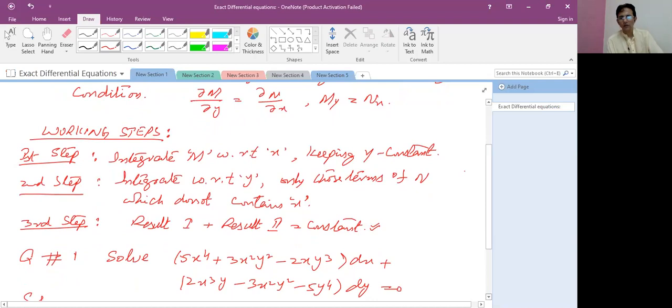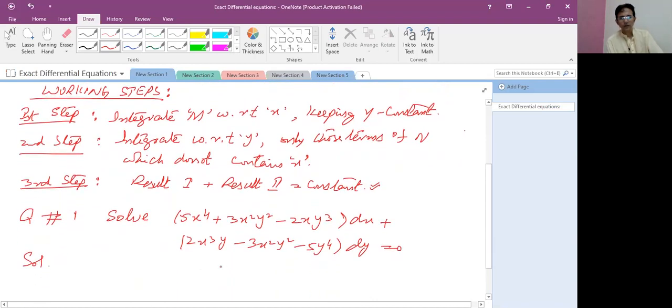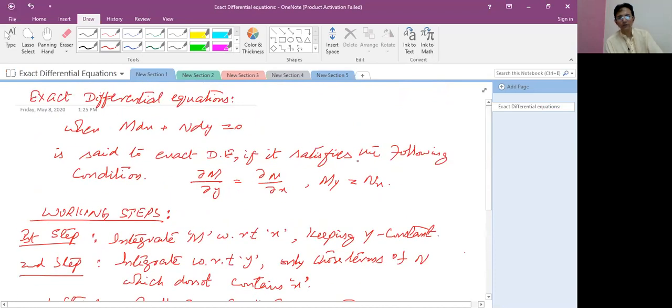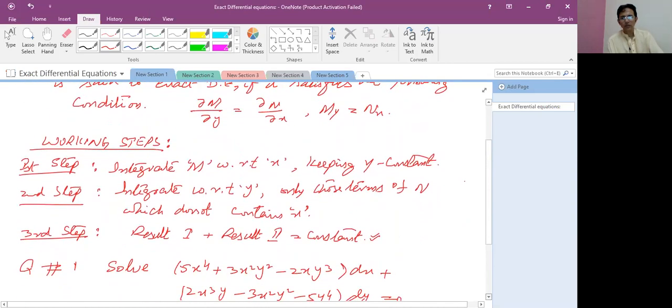So start from this. First, we write an application of the exact differential equation, students. (5x^4 + 3x^2y^2 - 2xy^3) dx, so it means this is M into dx and N into dy.